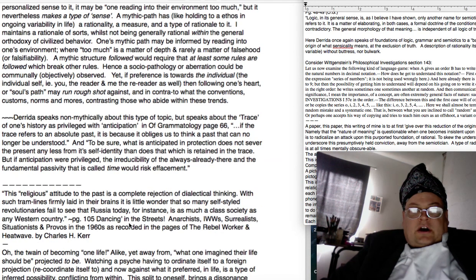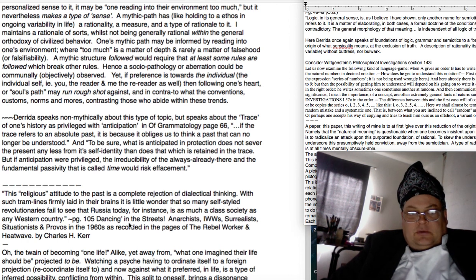Derrida speaks non-mythically about this type of topic, but speaks about the trace of one's history as privileged with anticipation. In Of Grammatology, page 66, quote, "If the trace refers to the absolute past, it is because it obliges us to think a past that can no longer be understood."